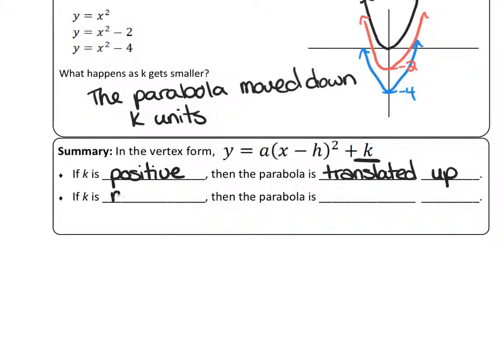If k is negative, then the parabola is translated or moved down k units. Okay, so k tells us how the parabola moves vertically, whether it goes up or down. Positive goes up, negative goes down.